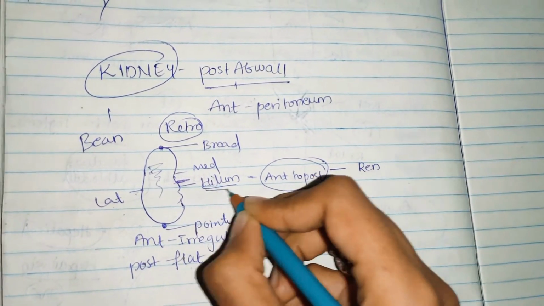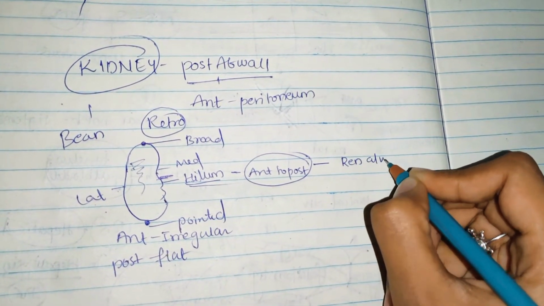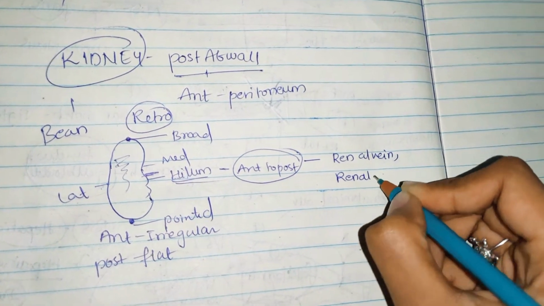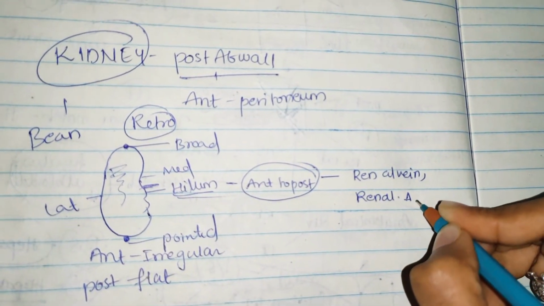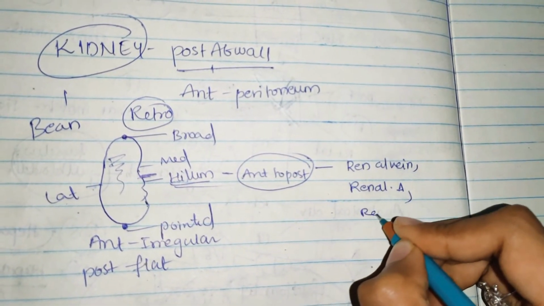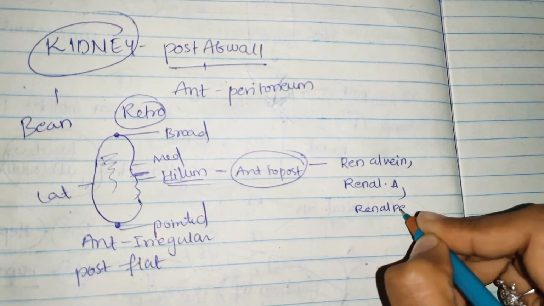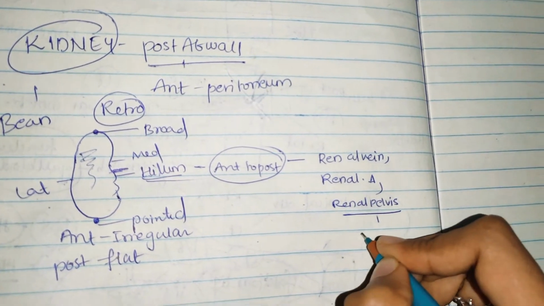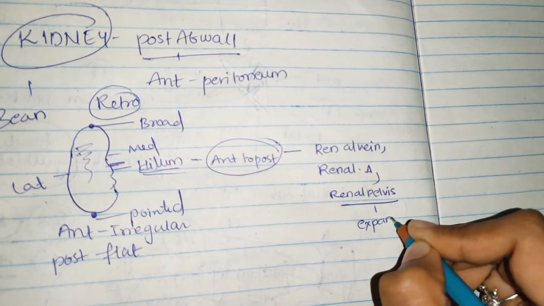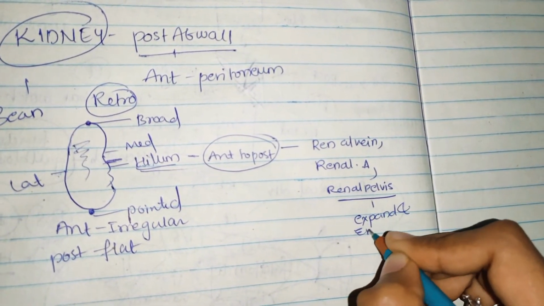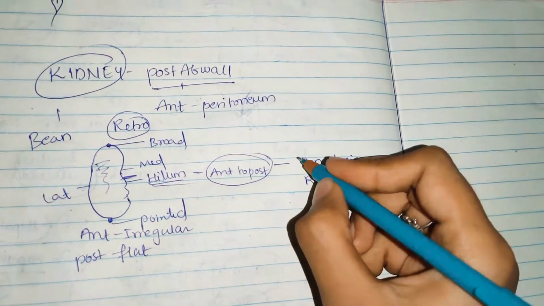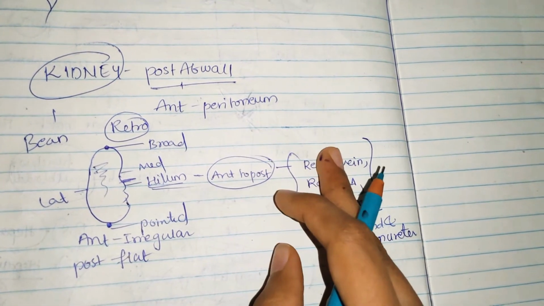First you will have the renal vein, after that the renal artery, and after the renal artery the renal pelvis. This renal pelvis in turn will expand and end in the ureter. These are the structures arranged from anterior to posterior.